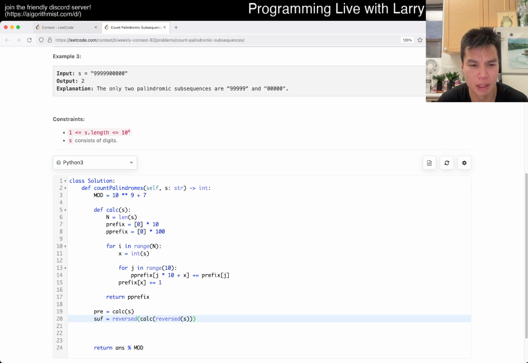Oh, I'm being dumb. There's something off about this, but the idea is kind of right. Do we want this? But there's an i here somewhere, that's why.